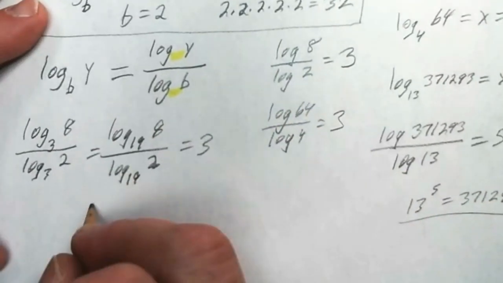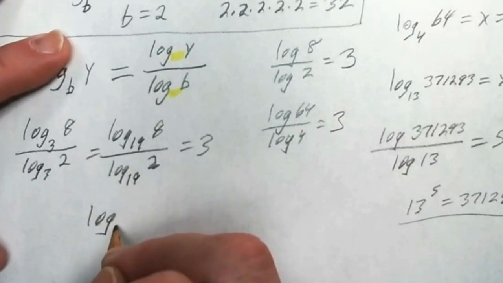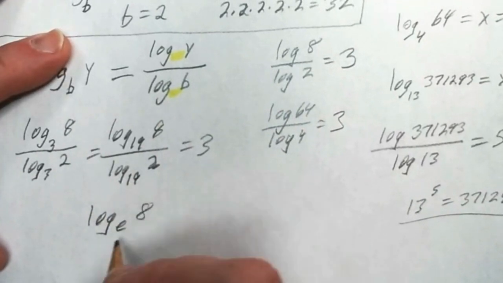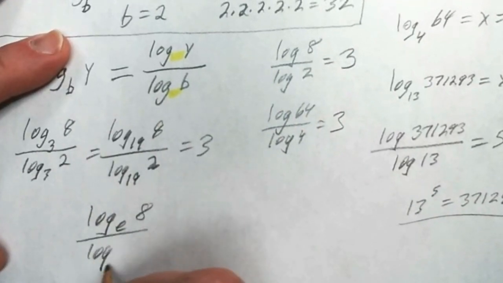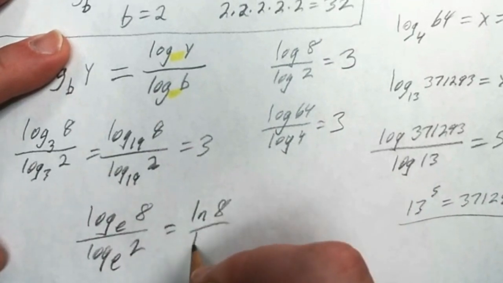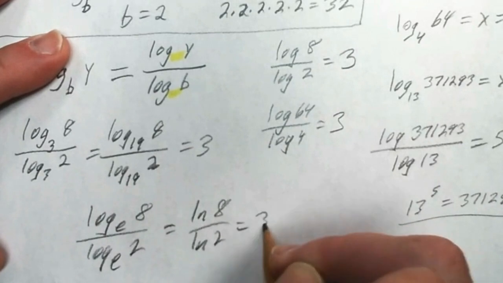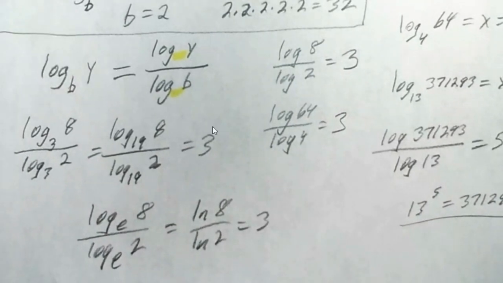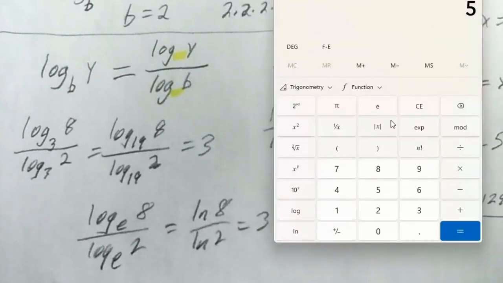I could have said log base e of 8 over log base e of 2, which means it would be ln 8 divided by ln 2, and the answer would still be 3. So I could have done the same thing using the natural log. It still equals 3.